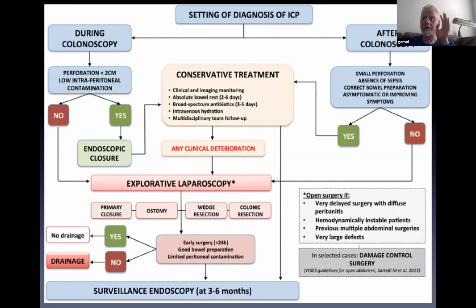Rectal injuries are, number one, extremely rare with colonoscopy. Number two, if you have a perforated rectum, the management is very easy. If it's extraperitoneal, you divert it and leave it alone. Don't close it. It's going to close by itself.